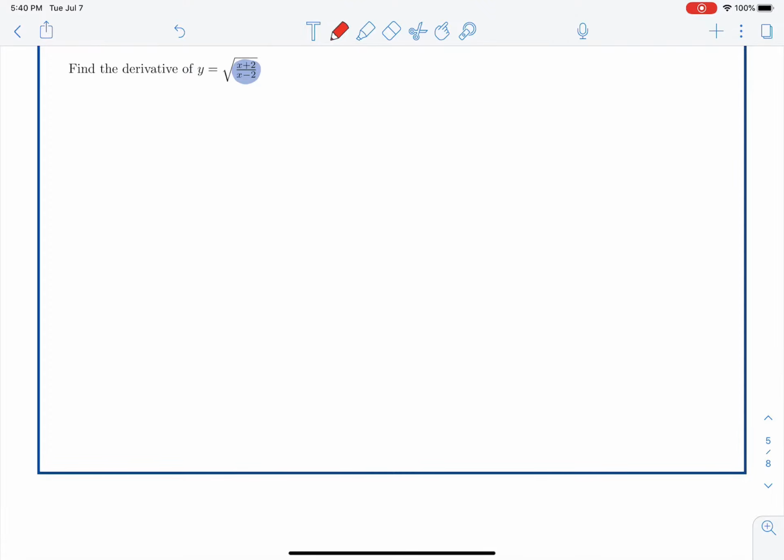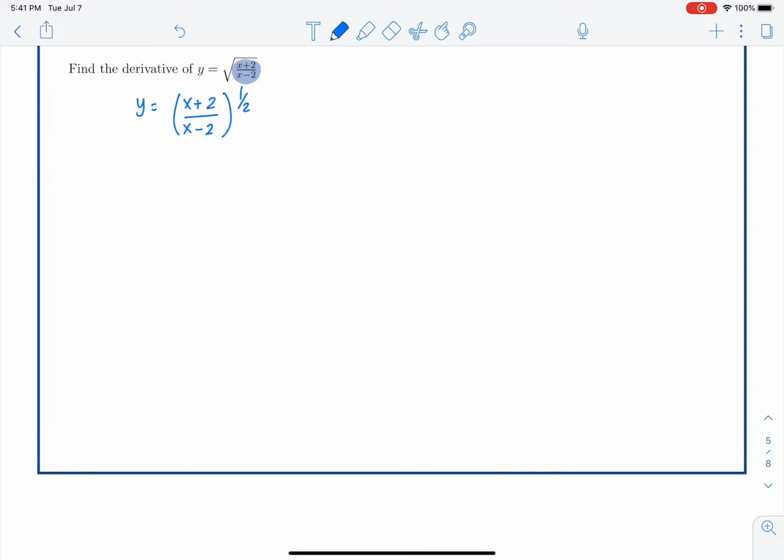So if I rewrote it, I would have y is equal to x plus 2 divided by x minus 2 raised 1 over 2. That's what the square root means.